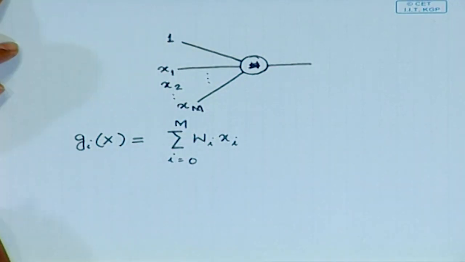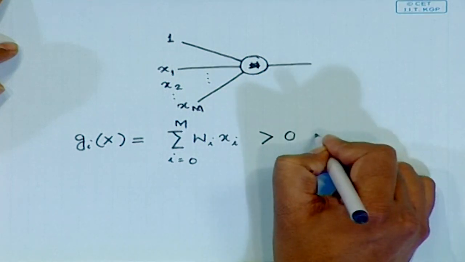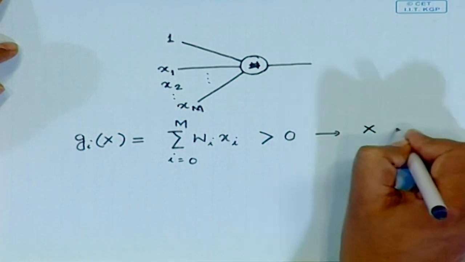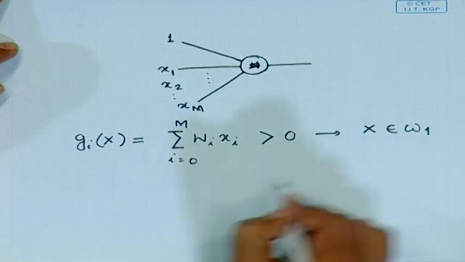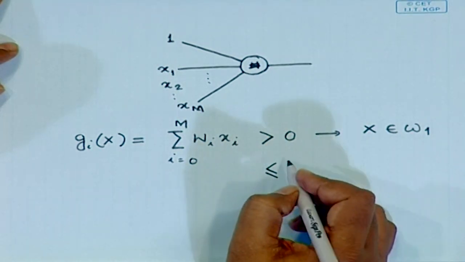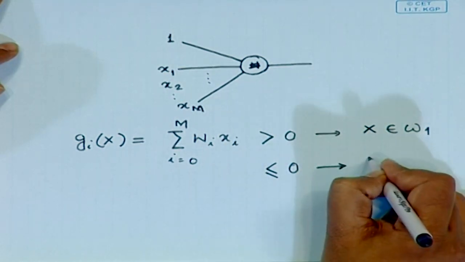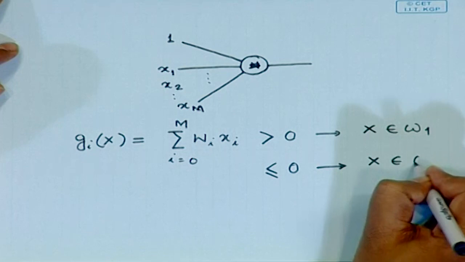And we say that if this is greater than 0, then the vector x belongs to class omega 1. If this is less than or equal to 0, we say that the sample x belongs to class omega 2.